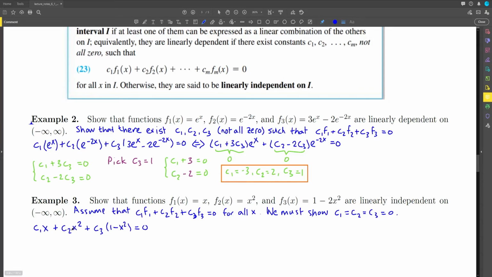Okay, now let's rearrange this a little bit. So this is equivalent with C3 times 1, and then plus C1 times X, and then I'm going to have a term with an X squared. I'm going to write C2 minus C3 times X squared equals 0. And remember that this is for all X. Now, in order for this to hold for all X, we need to have that C2 minus C3 equals 0, that C1 is equal to 0, and that C3 equals 0.